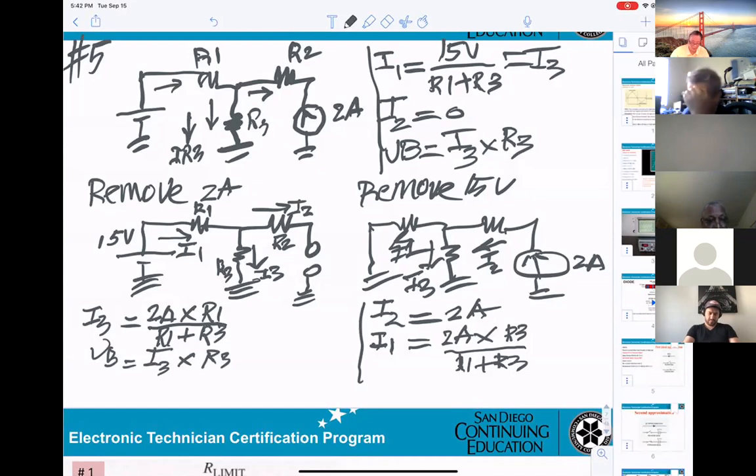Now I believe you can get along a little with superposition. Hopefully. Hey, Mr. Pham, quick question. Yeah. When you figured out I1 and I3 using the current divider, once you figure out one of them and you know your total was 2 amps, you could have just subtracted the one you figured out from 2, and the rest goes to the other one.